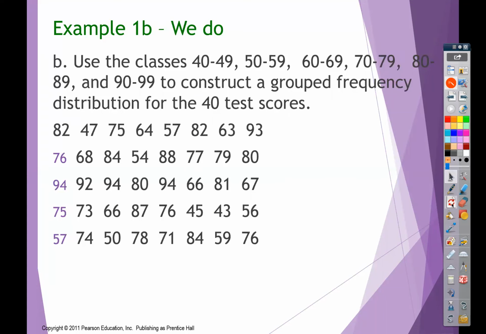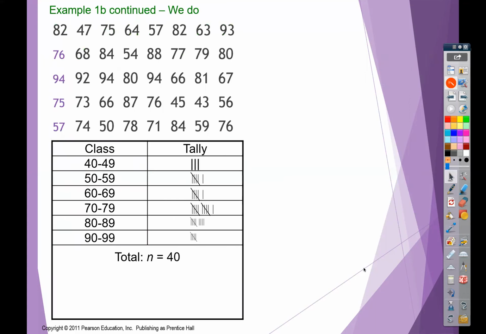Okay, so here's something we're going to do. We're going to use the classes 40 to 49, 50 to 59, 60 to 69, 70 to 79, 80 to 89, and 90 to 99 to construct a group frequency distribution for the 40 test scores. Okay, so they are giving us 40 test scores, and they want us to put them in grouped data.